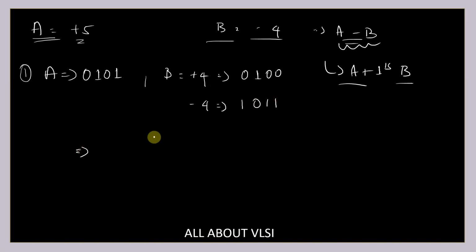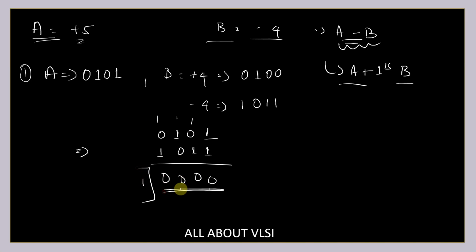Okay. Now I'm going to add 0, 1, 0, 1 and 1, 0, 1, 1, which gives me 1, 0, 0, 0, 0. So I get an end around carry. If I get a carry, I should add this carry to my result, which gives 0, 0, 0, 1. That's it.